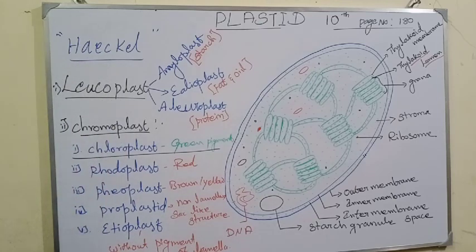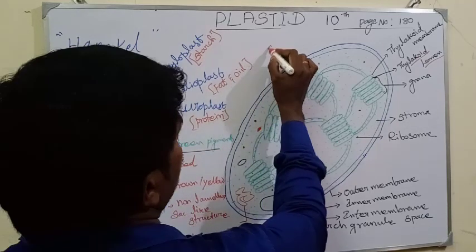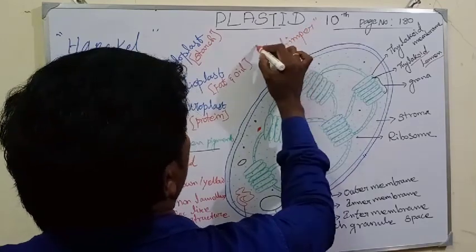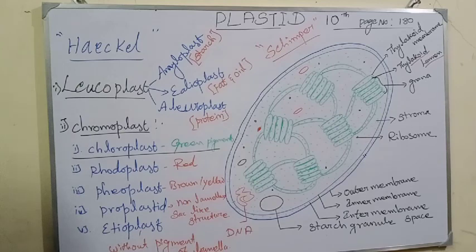This word chloroplast was first given by Schimper. Who is that? Schimper. This person first gave the word chloroplast. At the same time, who first discovered the chloroplast?